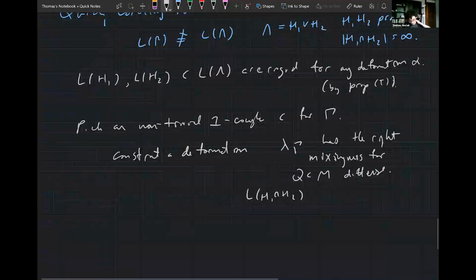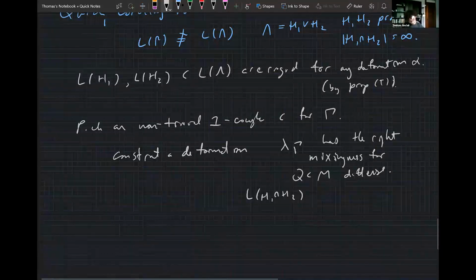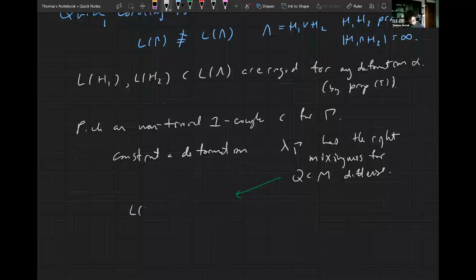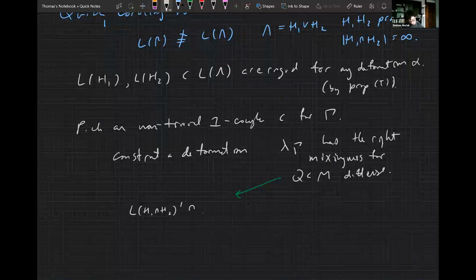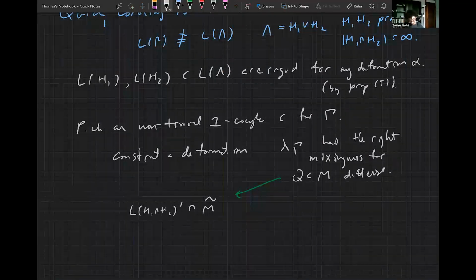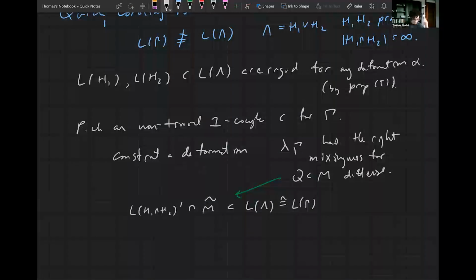And so this mixingness assumption, whatever, I'm not going to talk about what that bimodule is, but that thing is sitting back inside of L lambda / L gamma. You're assuming they're isomorphic.